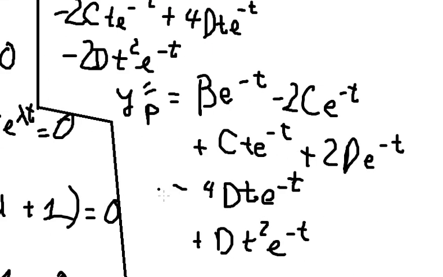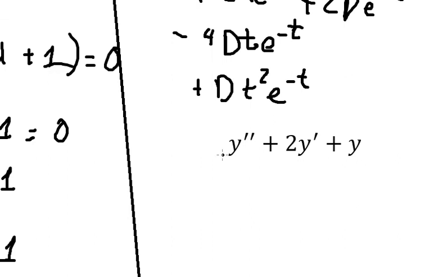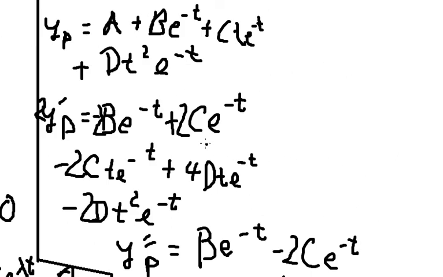Now we need to simplify everything in here after we sum all the units together. So we have b e to the power of negative t, we have b e to the power of negative t minus 2b e to the power of negative t. This one we cancel. Now let's go to the next one.